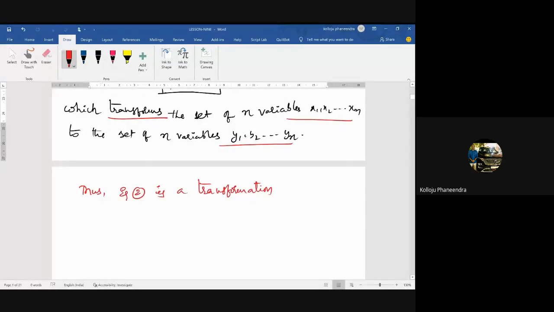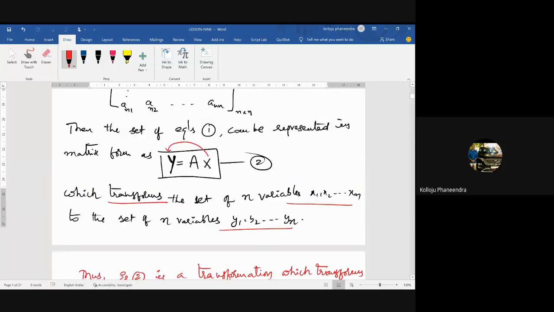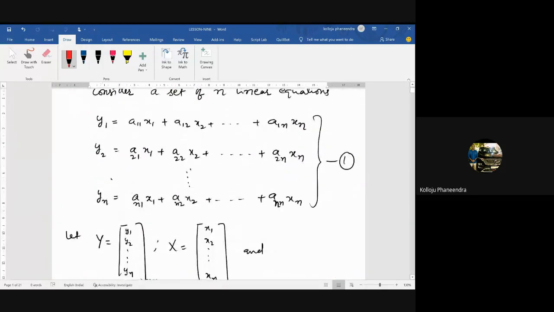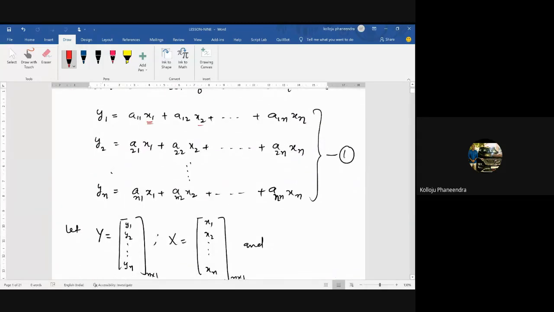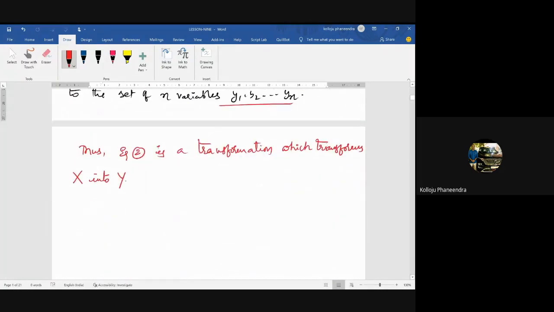Equation 2 is a transformation which transforms x into y. If I give these x variables, all these variables are transformed to y variables. This is called transformation, the simple definition.